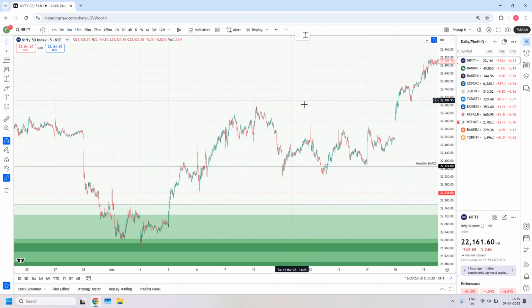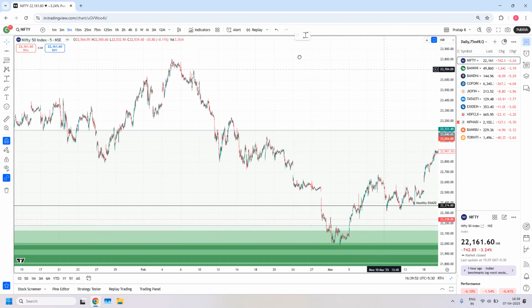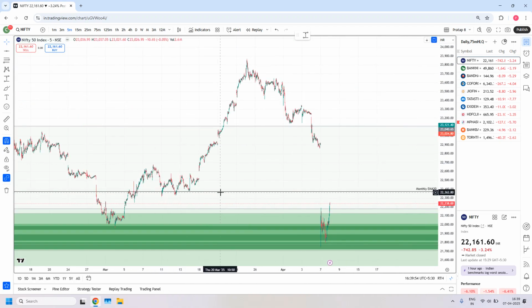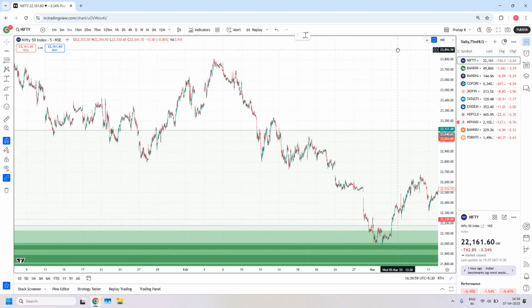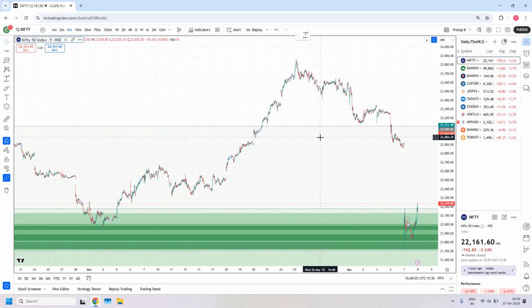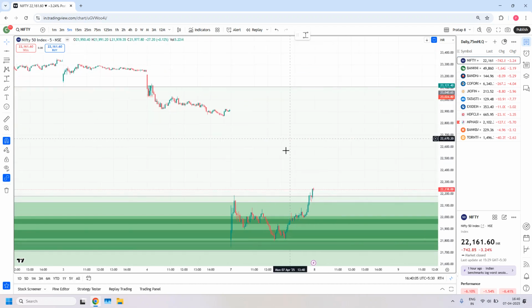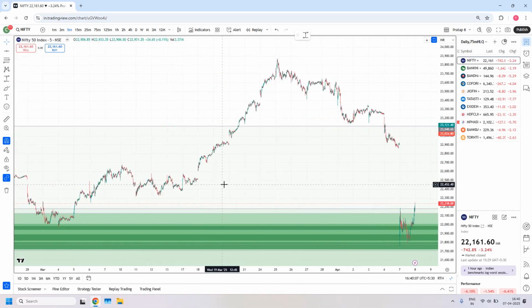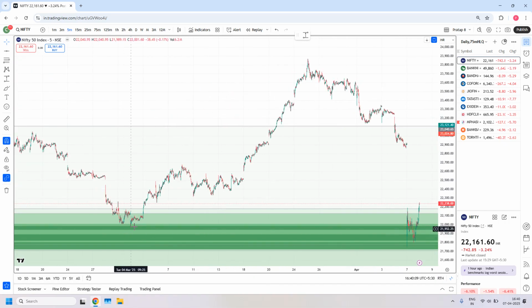Now I kept only the pierced zone order flows. See, now it will be very clear for you. This is the first pierced zone order flow. From here, Nifty started moving up and gave you around 1800 or 1900 points move from here.